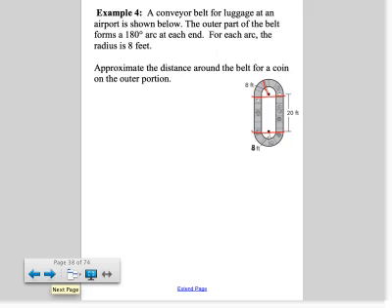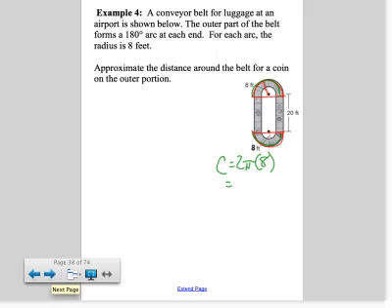Now what you'll notice is this and this, if I were to pull them apart and throw them together, would create one full circle with a radius of 8. So this length plus this length is the same as the circumference of a circle with a radius of 8.